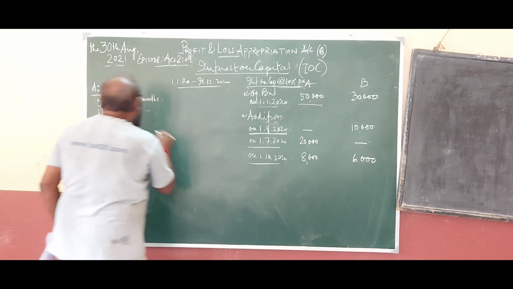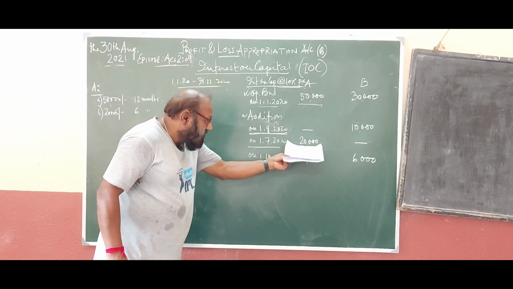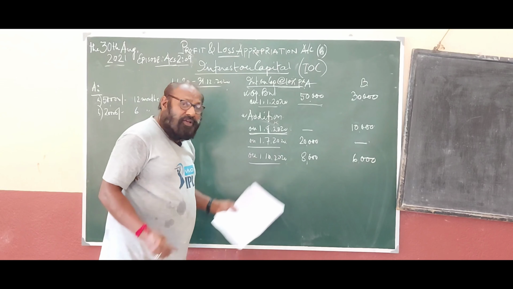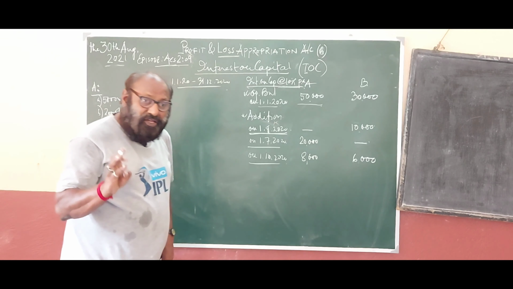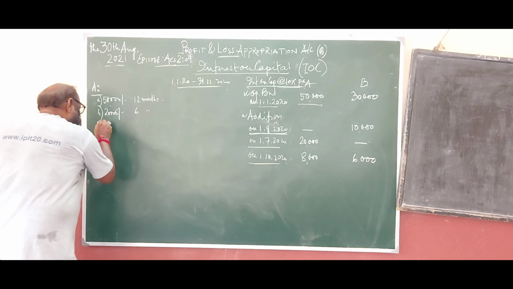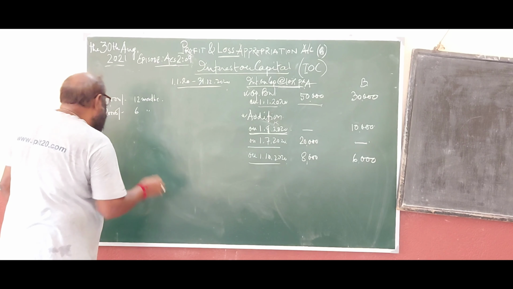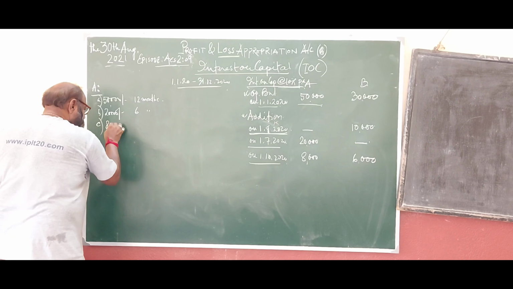So the amount has been invested on 1/7, so July, August, September, October, November, December: 6 months. This 20,000 operated for 6 months. And the next investment, rupees 8,000, for how many months? For 3 months. Clear? So for 3 months at the rate of 10%, what will be the calculation?